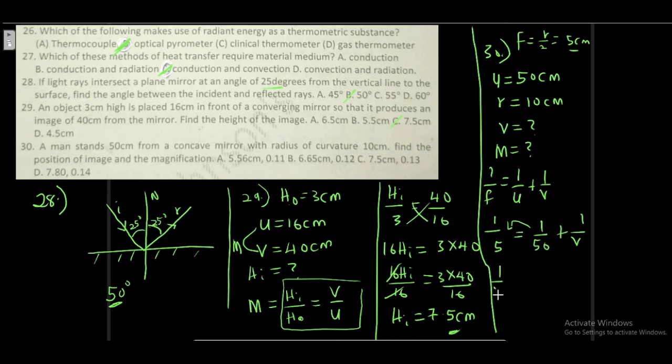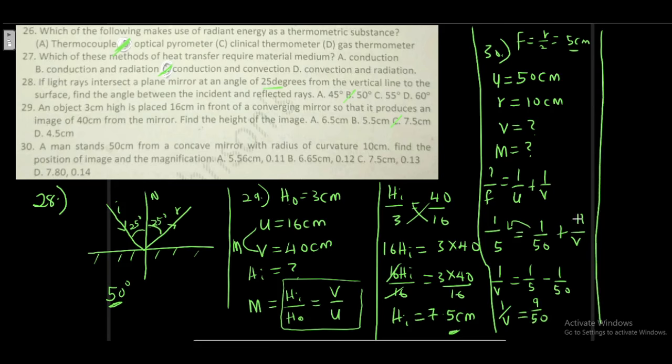So we have 1 over v equals 1 over 5 minus 1 over 50, and this is going to give us 9 over 50. But what we need here is v, not 1 over v.